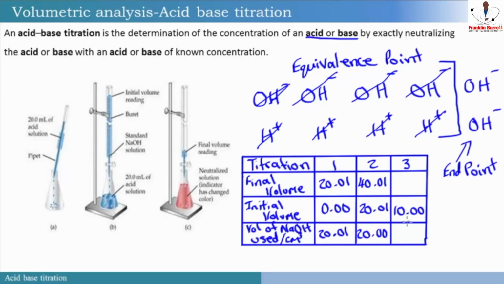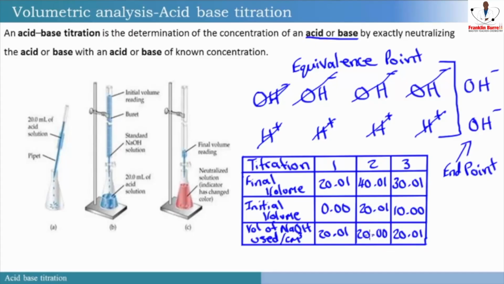Now we run the volume from 10 and we get a volume of 30.01. So my volume used, when I subtract my 10 from my 30, would be 20.01.